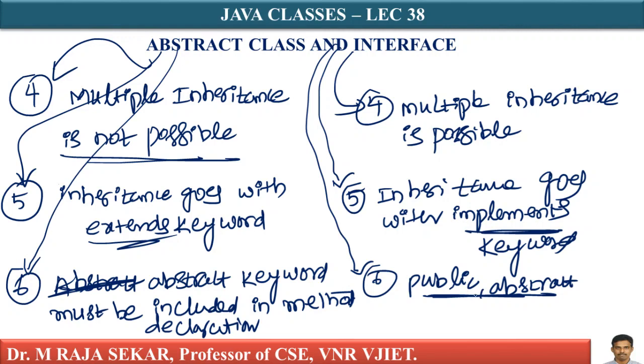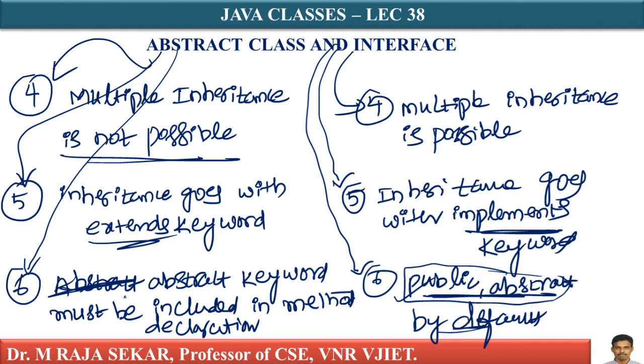Even if omitted, even if you have not mentioned public and abstract, they are assumed by default. If you have not mentioned them, your method must be public and abstract. By default, the system will assume every method in an interface as public and abstract.